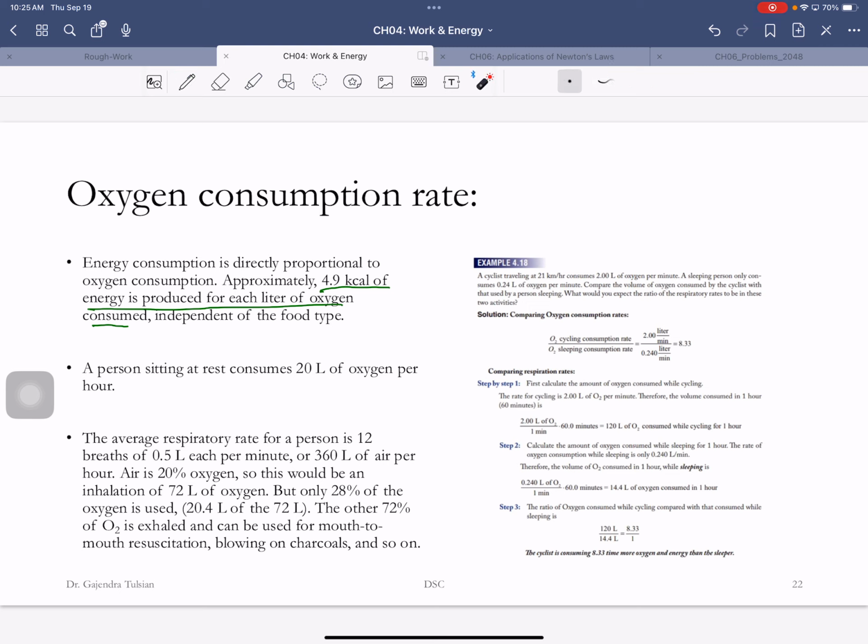The average respiratory rate of a person is 12 breaths of half a liter each minute. So each minute you're taking 12 breaths, and each time you take a breath, you're breathing in half a liter of air. So you're breathing in 6 liters of air per minute.